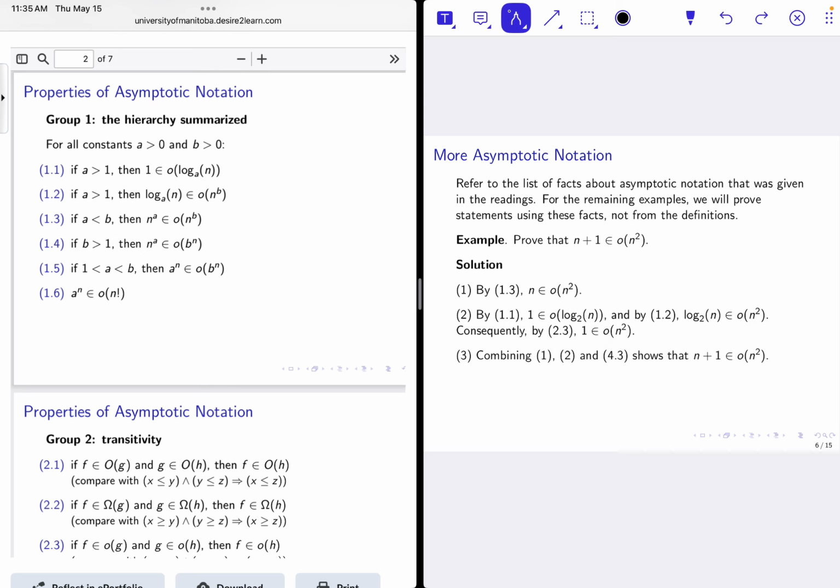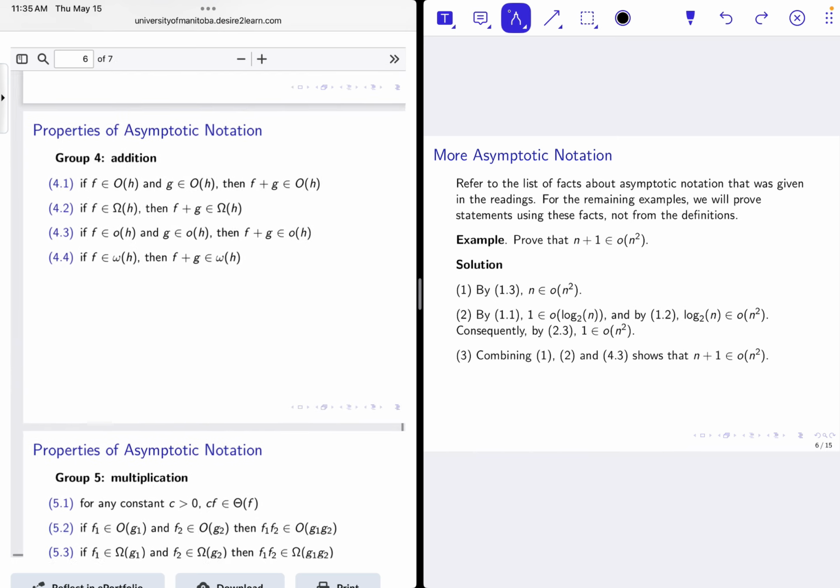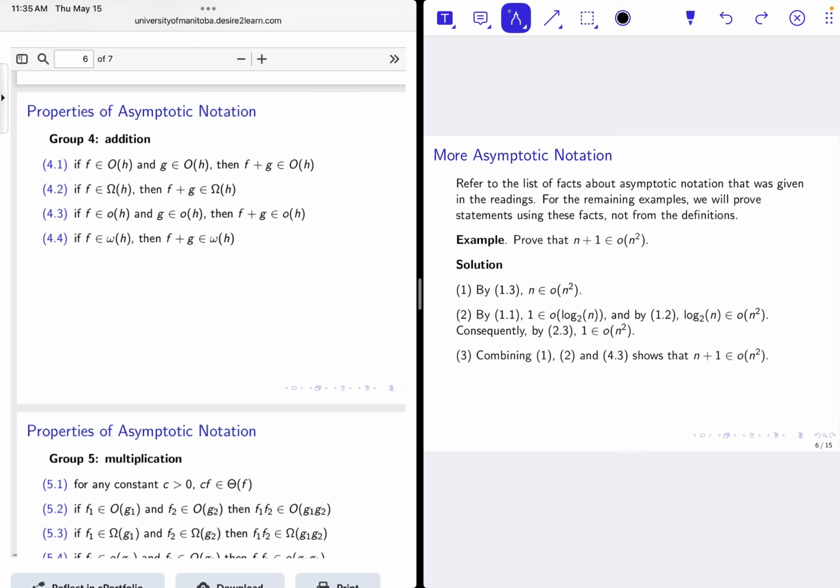By transitivity, 1 is in little o of that polynomial. So now we know n is in little o of n squared, and 1 is in little o of n squared. And then we could use the addition rule to say that n plus 1 is in little o of n squared.